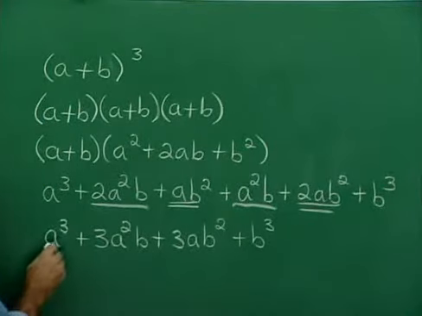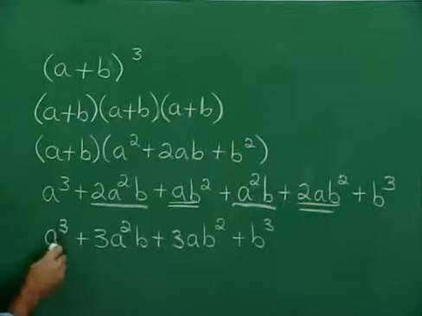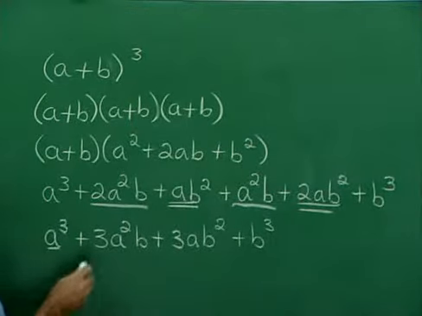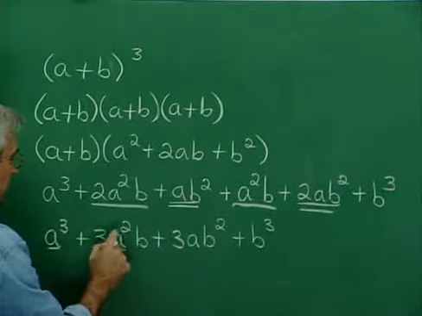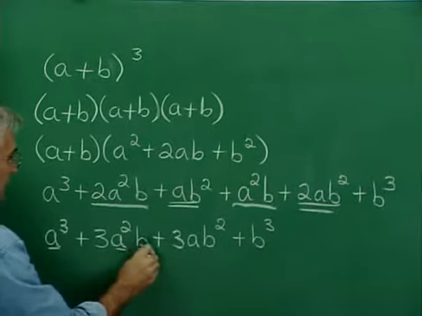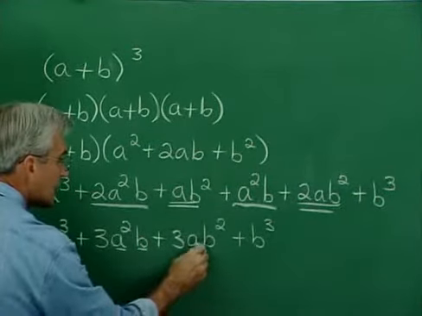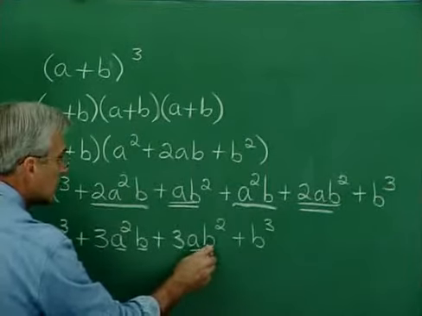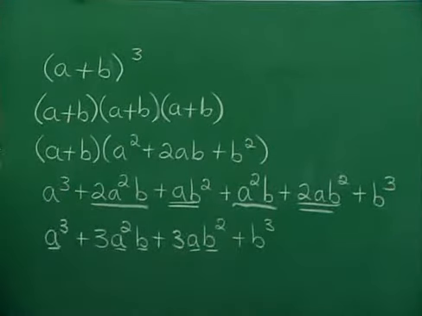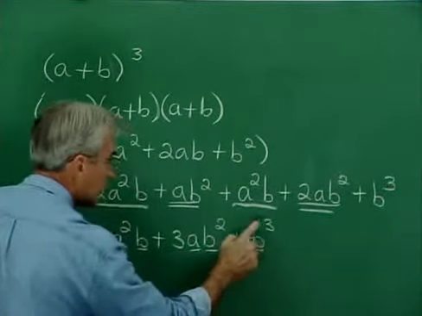So this is nothing more than the first entry up there cubed. This is 3 times the first entry squared times the second entry to the first degree. This is 3 times the first entry in the binomial times the second entry squared. And this is the second entry cubed.